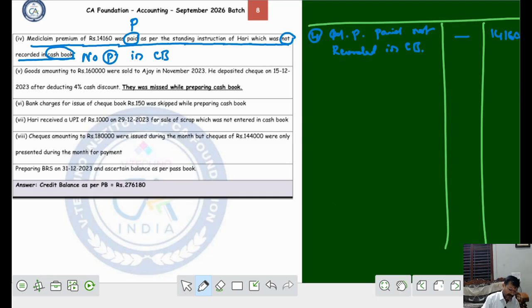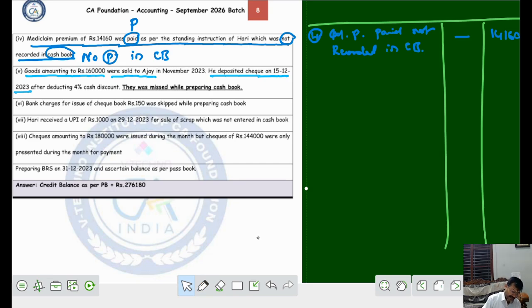See here, goods amounting to rupees 1,60,000 were sold to Ajay. He deposited a check on 15th December 23 within the time framework. How did he make the deposit?